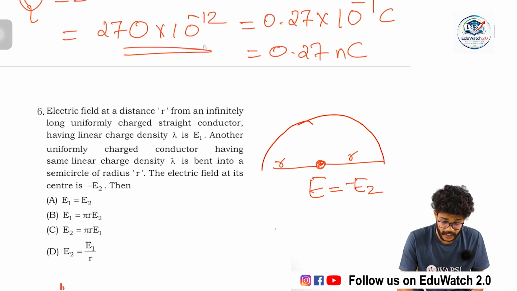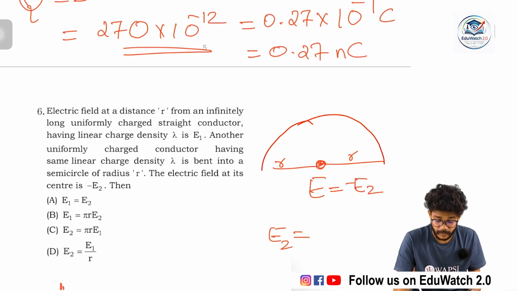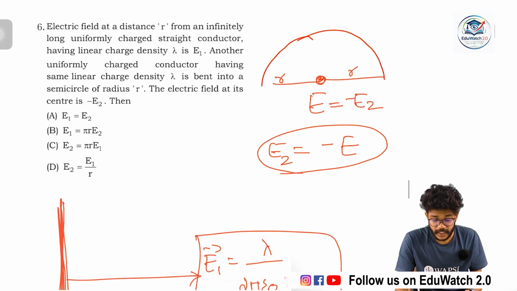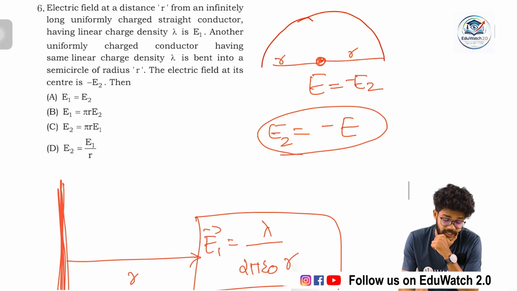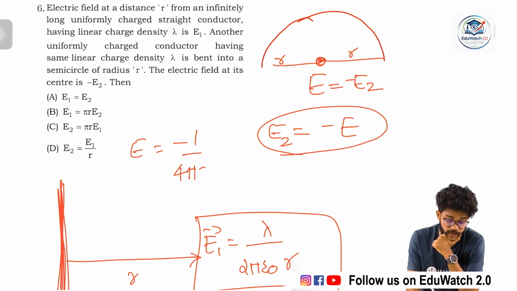So what is E2? E2 is the electric field at the center. What is the equation for the electric field at the center? E is equal to minus 1 by 4 pi epsilon 0 into 2 lambda by r.